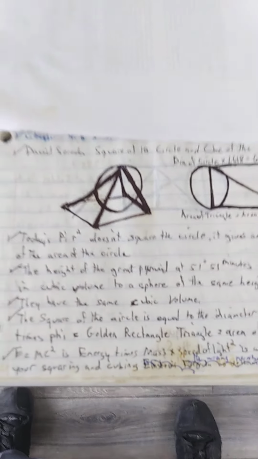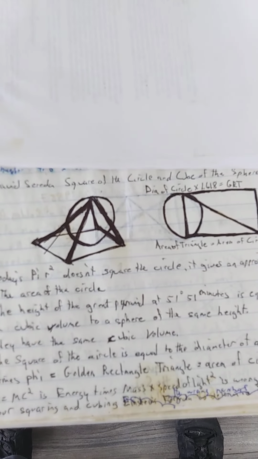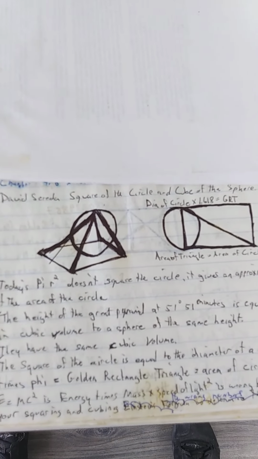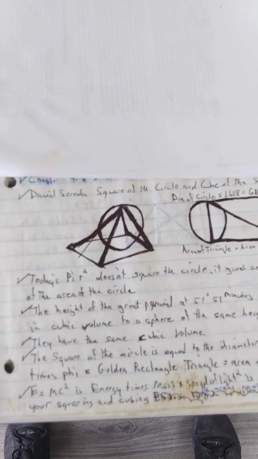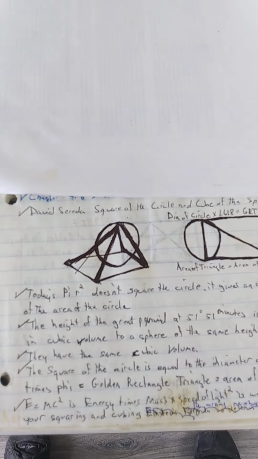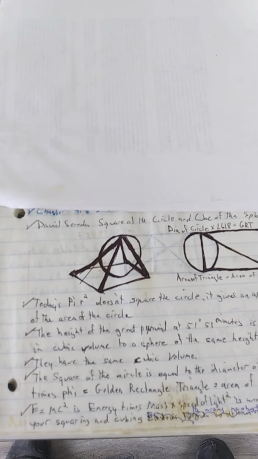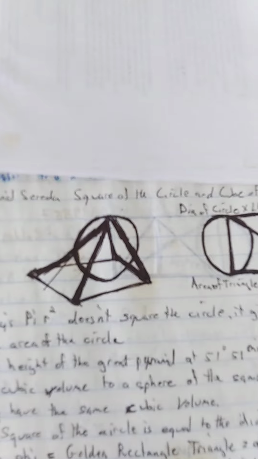Okay, so what he's saying is that today's pi r squared doesn't square the circle. It gives an approximation of the area of the circle. The height of the Great Pyramid at 51 degrees 51 minutes is equal in cubic volume to a sphere of the same height.